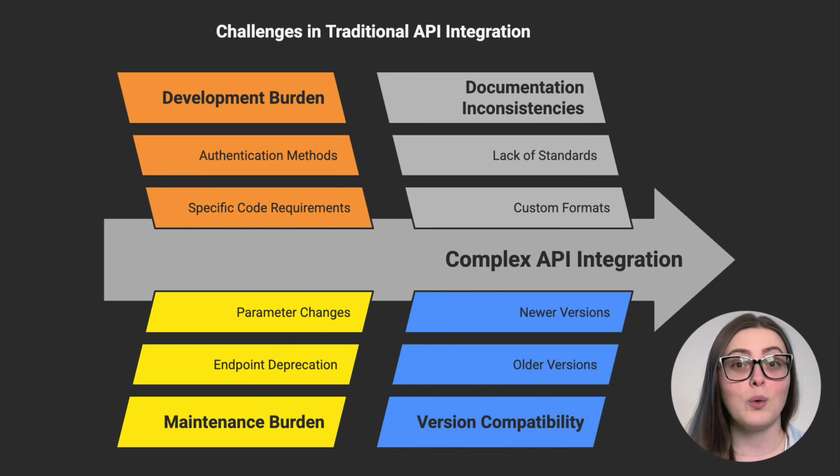Documentation inconsistencies are another headache. Some APIs are well documented, while others are not. Some follow standards like OpenAPI, others use custom formats. This inconsistency makes it really hard to build reliable integrations. As APIs evolve, we need to ensure our code works with both older and newer versions, adding complexity to our integration logic.